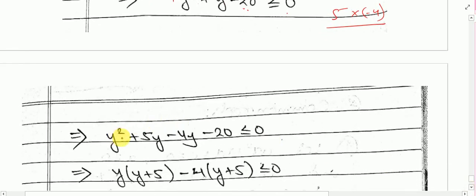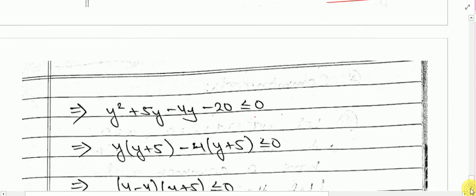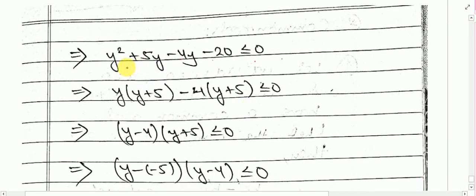So you got y square plus 5y minus 4y minus 20 less than or equal to 0. Then y is common. So you got y into (y plus 5) minus 4 (y plus 5). Then you got (y minus 4)(y plus 5). But here you can see the plus sign is there, so in the next step I will write y minus (minus 5) and here y minus 4.